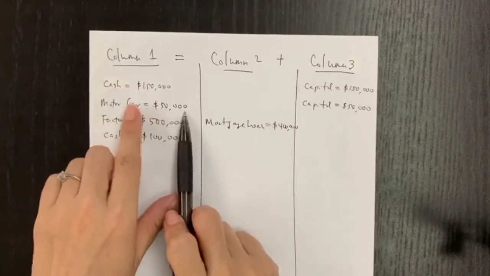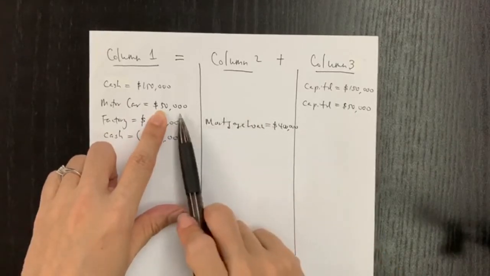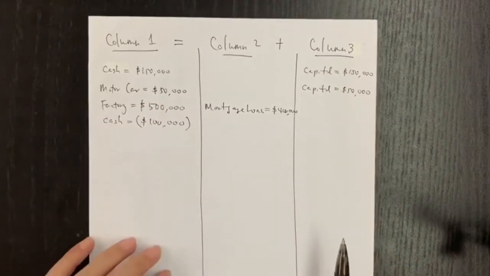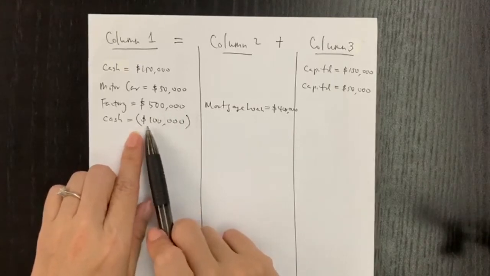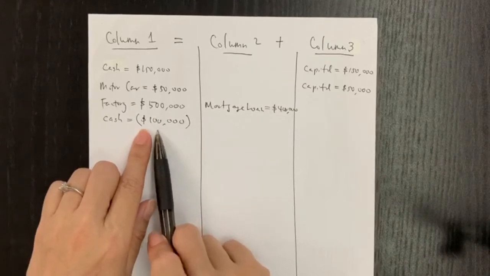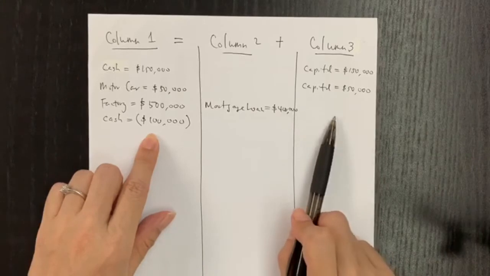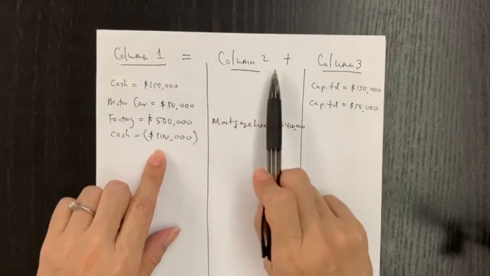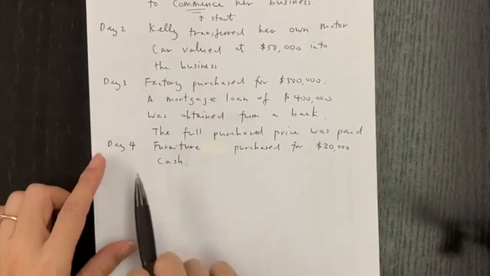Also day 2, we have column 1, 50,000, and column 3, so 50,000 is the same as 50,000 here, right? And then what about day 3? This is 500, however, going down by 100, so 500 minus 100 is 400,000, and here we also have 400,000 and nothing here, so we can still maintain that column 1 is the sum of column 2 and column 3. Okay, now we come to day 4.